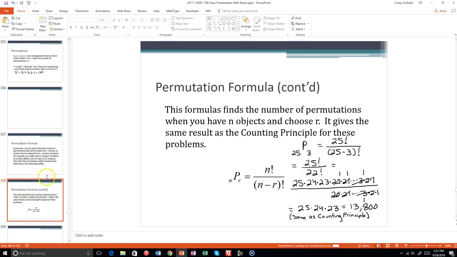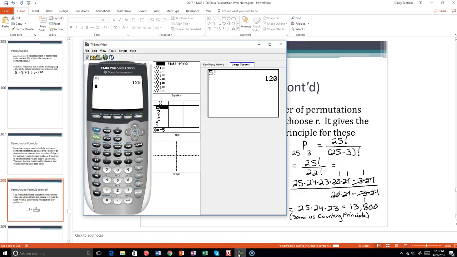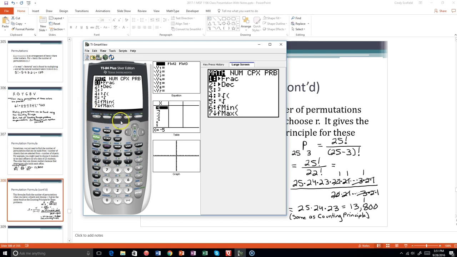Let's pull up the calculator and see. All right, let me clear what I already had there. I have to do 25P3, like 25, choose 3. So I type 25. And remember that math menu on the graphing calculator? I can go over to PRB.